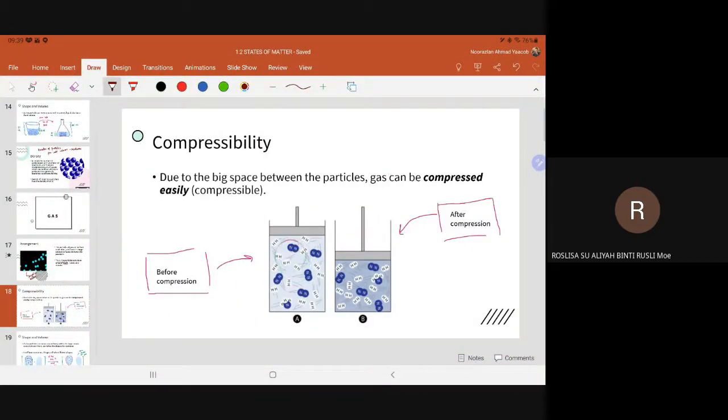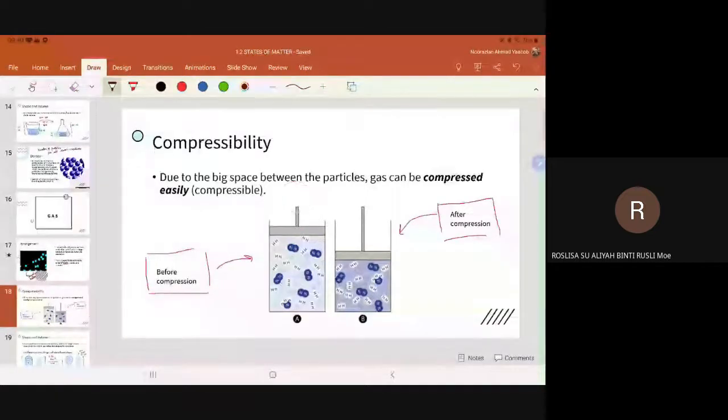Kalau kita tengok, ni kita ambil contoh gas nitrogen dengan hydrogen, kita letak dalam piston. Okay, so yang bulat putih ni hidrogen, bulat biru ni nitrogen. Yang ruang biru cair ni adalah ruang kosong yang tiada molekul, tiada partikel, tiada zarah. Sebelum kita kompres, kita tengok.